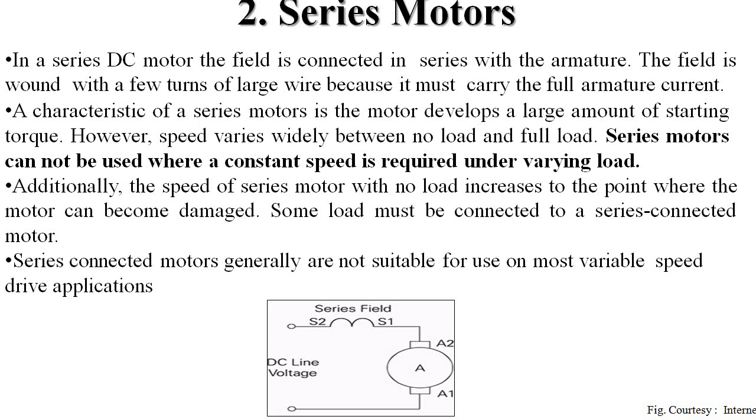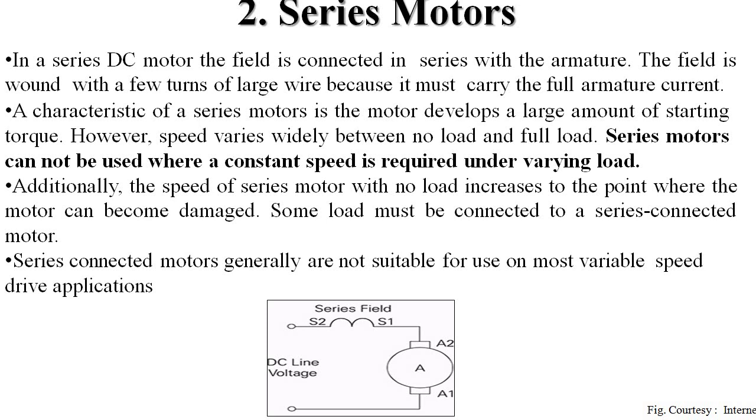Now the characteristic of a series motor is that the motor develops a large amount of starting torque that we have just talked about. However, speed varies widely between no load and full load. Series motors cannot be used where a constant speed is required under varying load.